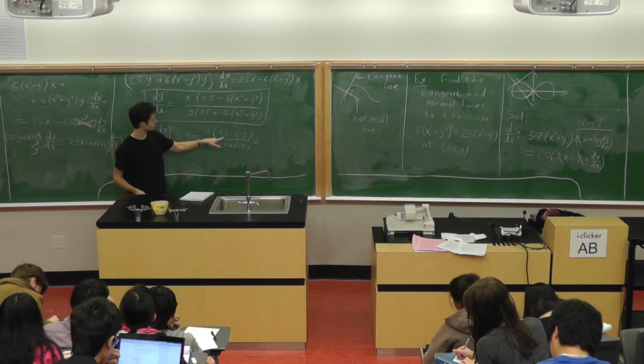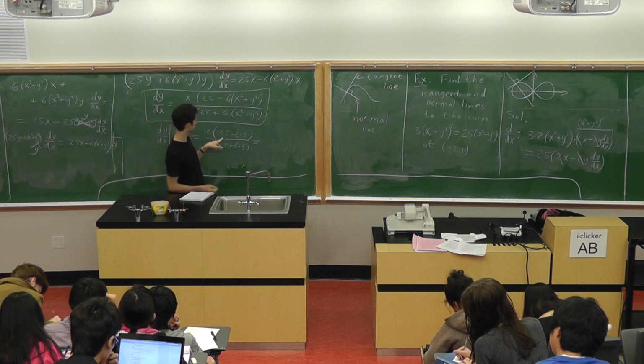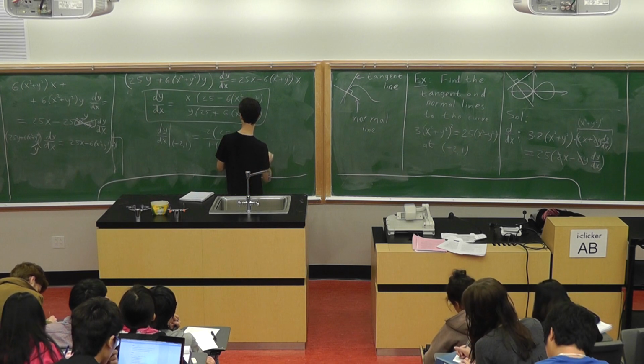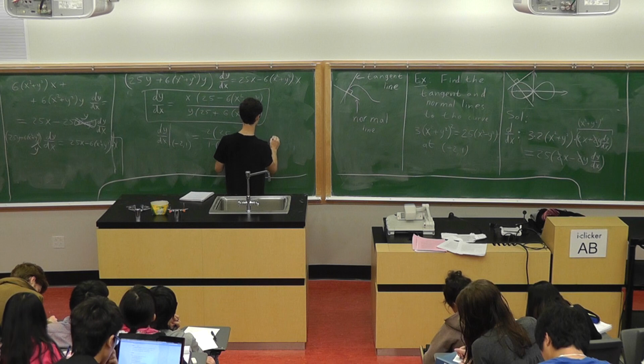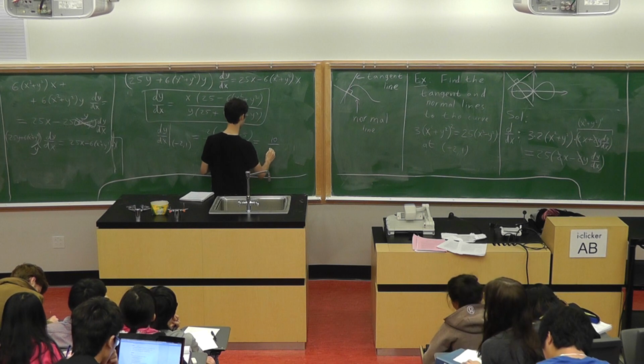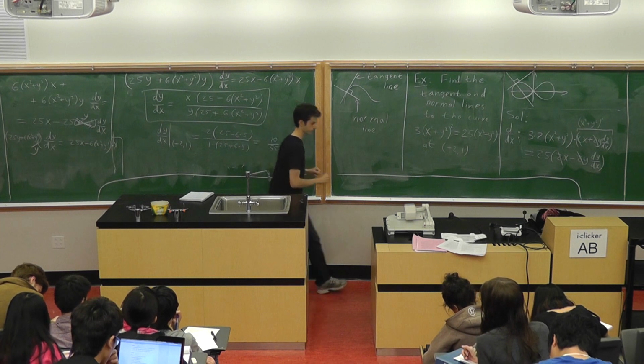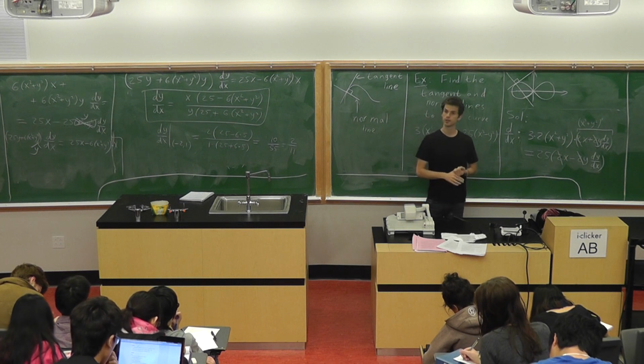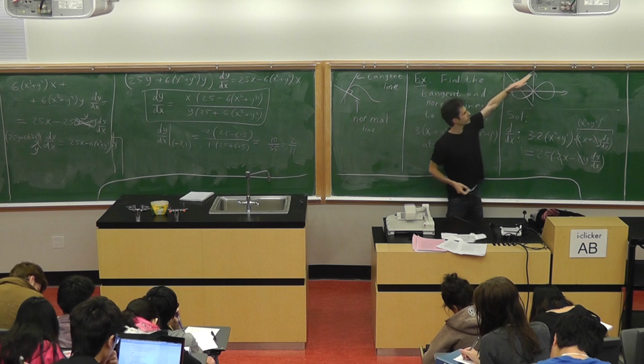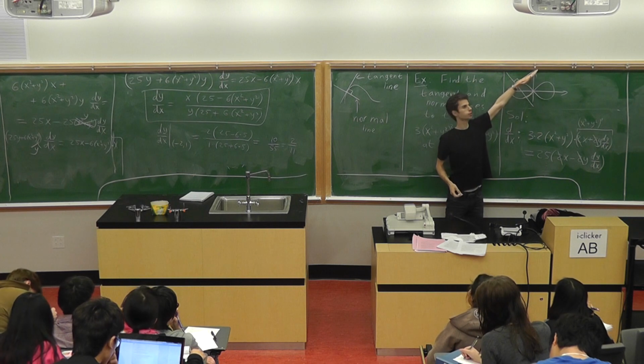So it's minus 2 times minus 5, so it's 10 divided by 55. So it's 2 over 11. So the slope of the tangent line is 2 over 11.